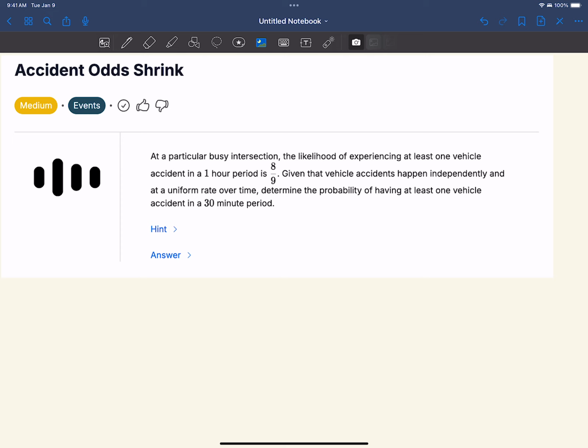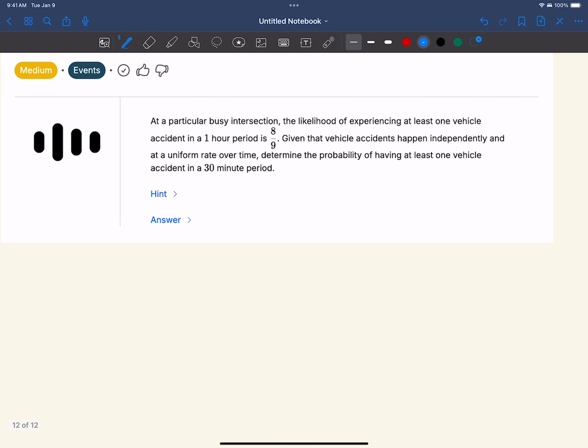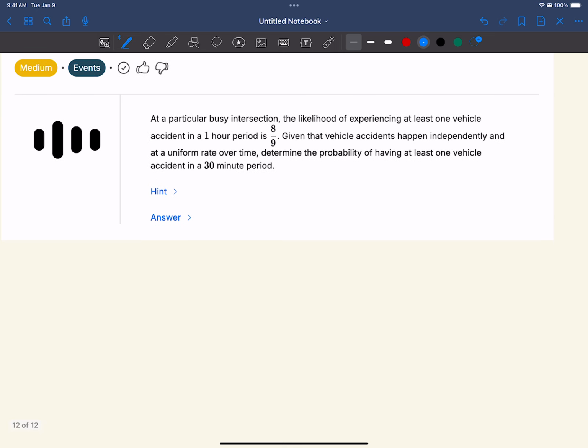So we want to look at the likelihood of experiencing at least one vehicle accident over 30 minutes. And we are given the likelihood of experiencing at least one vehicle accident in a 1 hour period, which is 8/9. And so let's write this down.